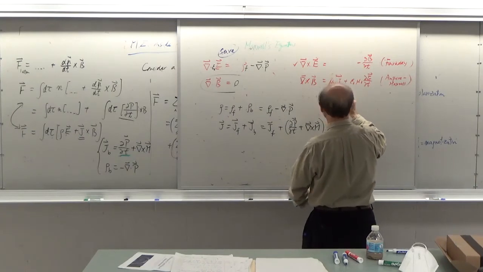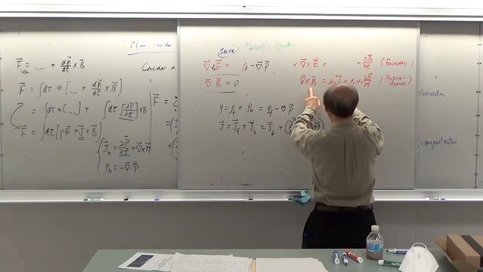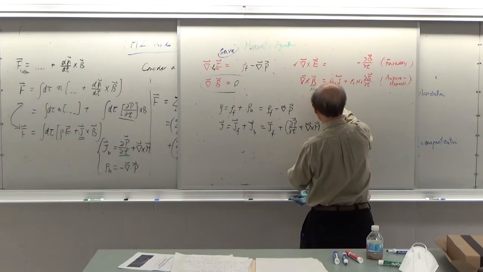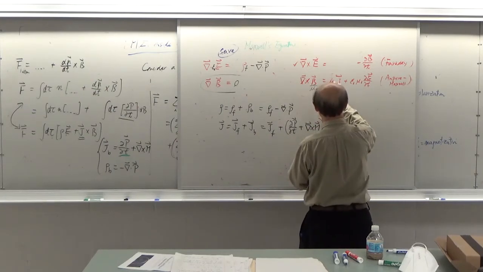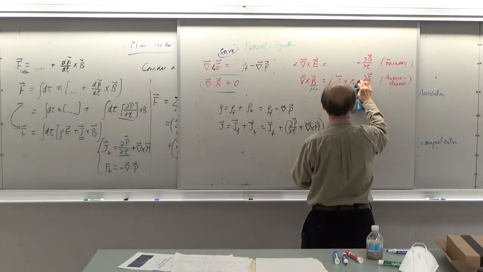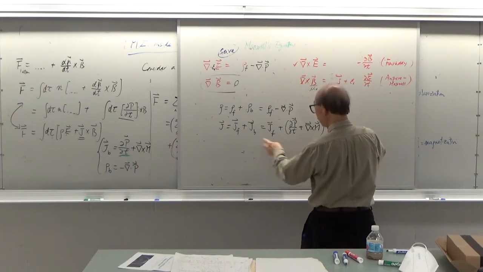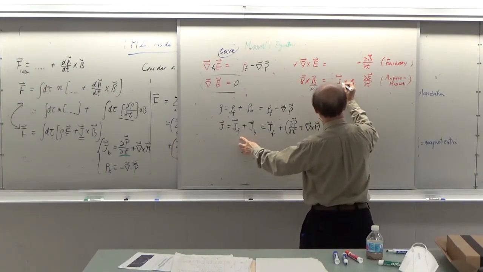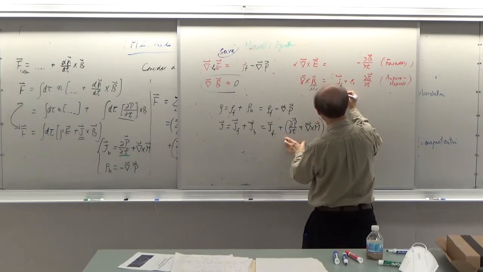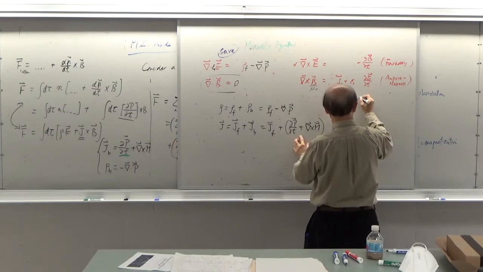And for this, let's in fact divide by mu naught from both sides. So J is J sub f plus this piece. So I have plus del P by del T plus curl of M.